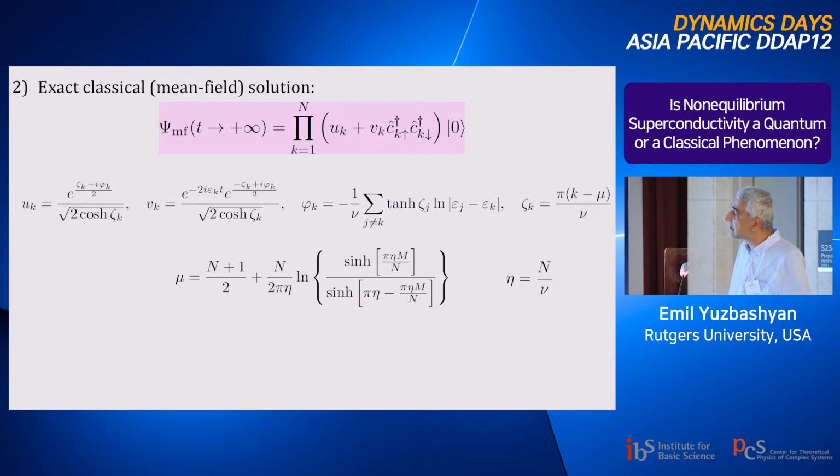This phi k is some phase that depends on epsilons. And again, the probability of this or that state is encoded in this zeta k, which is independent of epsilons, and which is simply given by this expression with mu playing the role of chemical potential, and in the large n limit given by this equation.